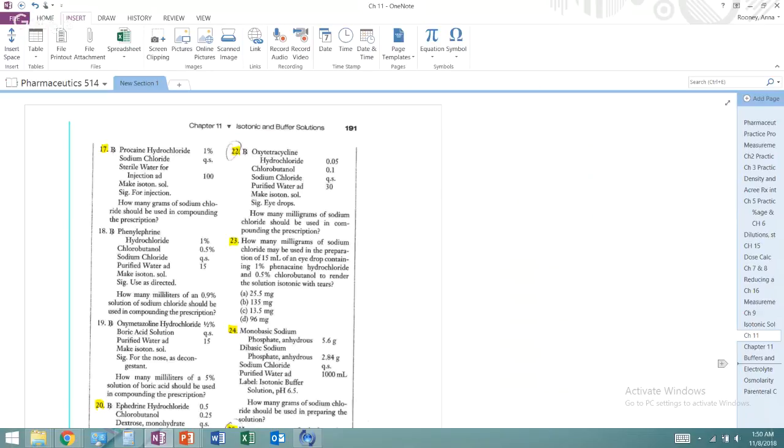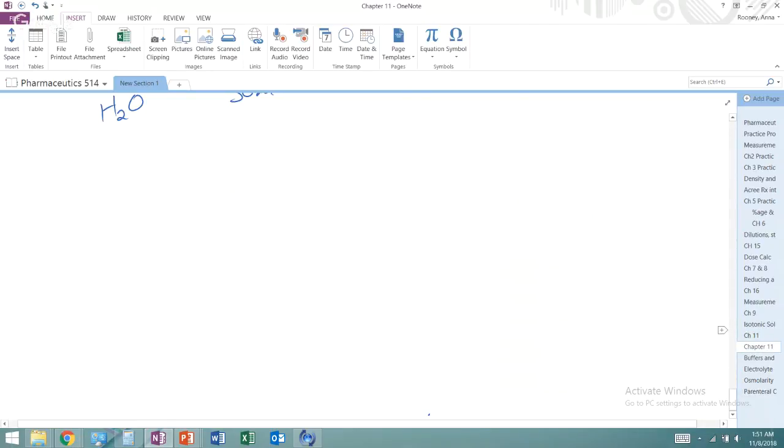Okay, so this next one is a multiple choice question, and I got close, so we'll just go with it. All right, so number 23, phenocaine, it's another caine, and the phenocaine is a 1% solution.